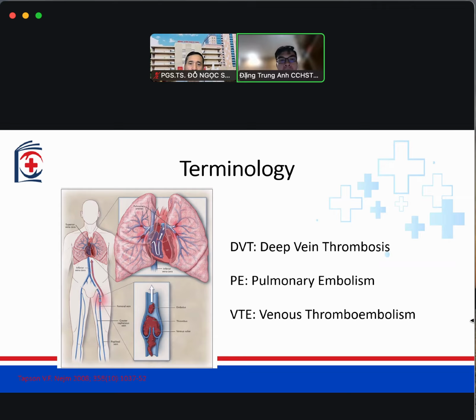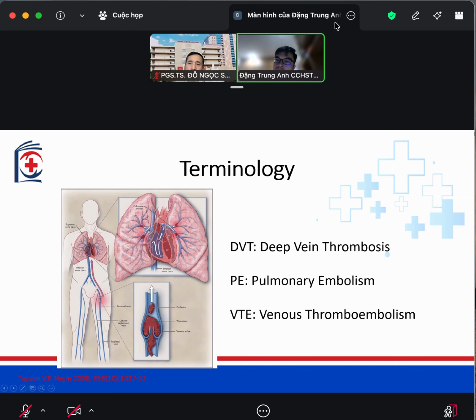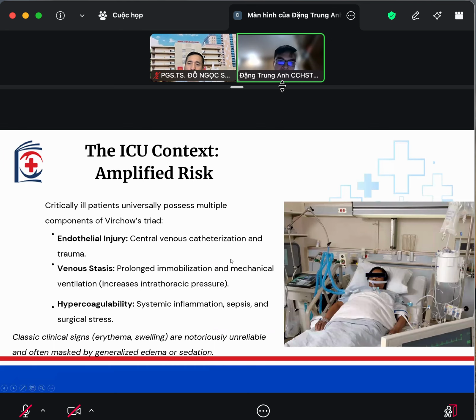That is PE. So we call DVT and PE venous thromboembolism, or VTE. So today I talk about DVT in the ICU.